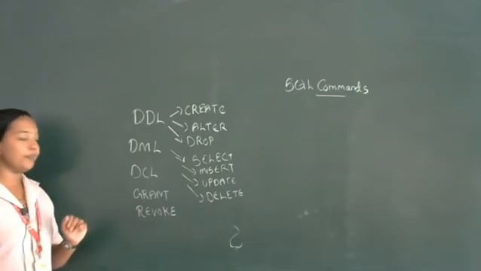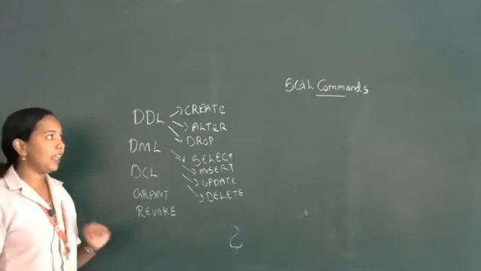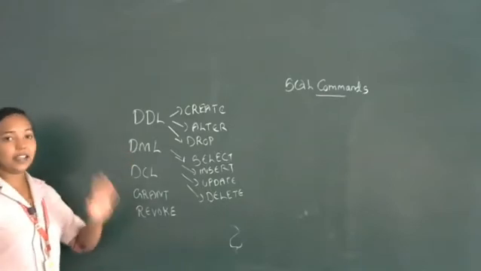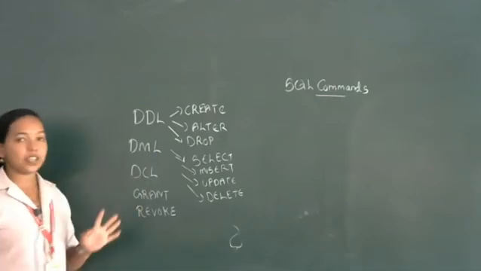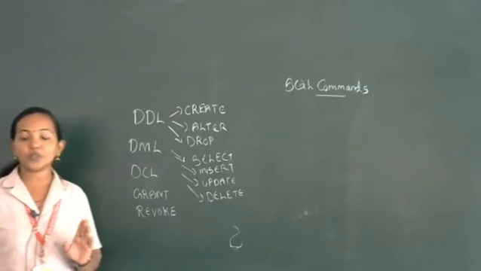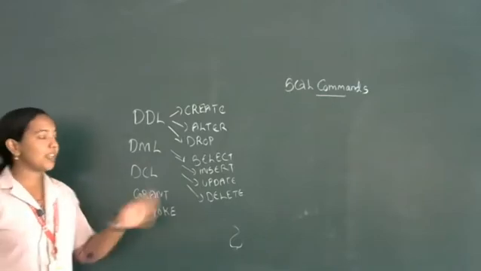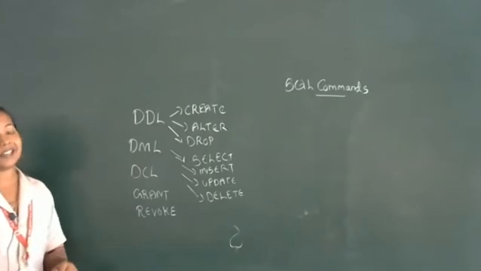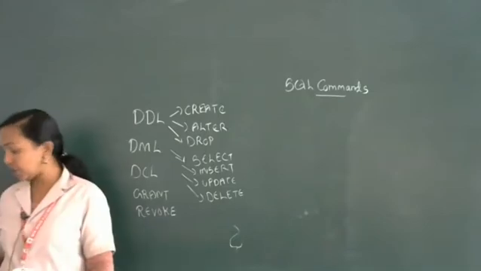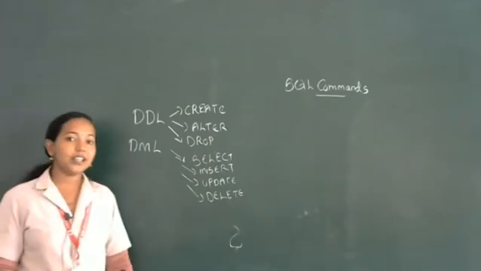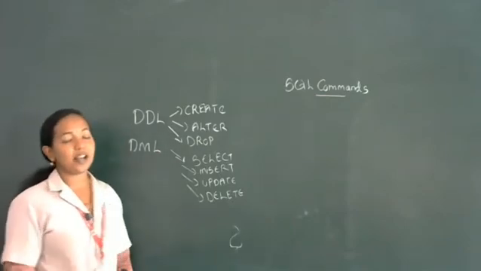So these are the 3 different types of SQL commands that we are using: DDL, data definition language; DML, data manipulation language; and DCL, data control language. We are going to discuss all of these in this section except DCL. Okay, DCL we are not using for our transaction.